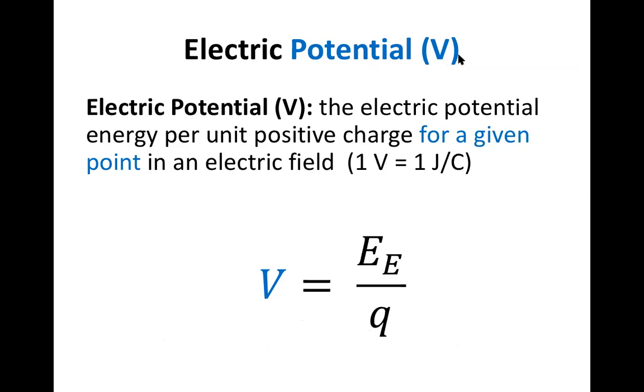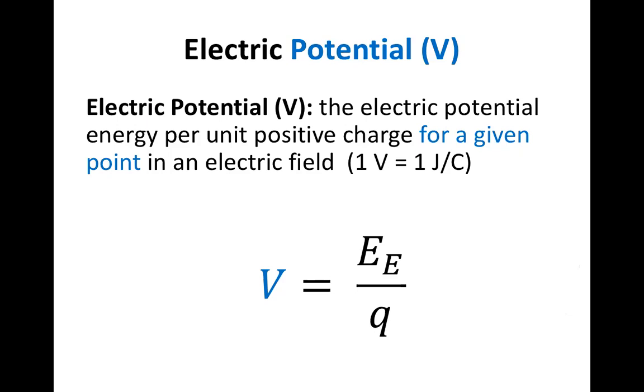So electric potential is the electric potential energy per unit positive charge for a given point in an electric field. 1 volt is, you can see, 1 joule per coulomb. And yeah, so the SI unit is volts. It's also equal to 1 newton meter per coulomb because of the equivalent of a joule.